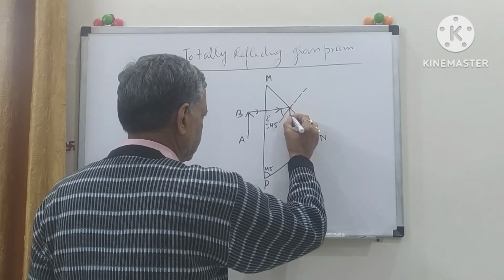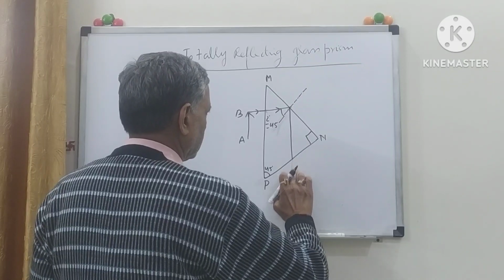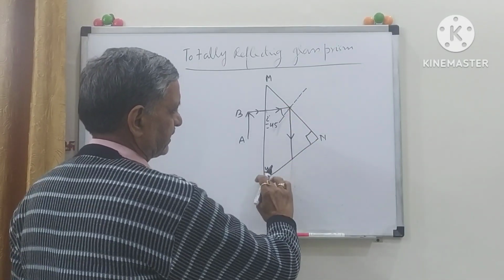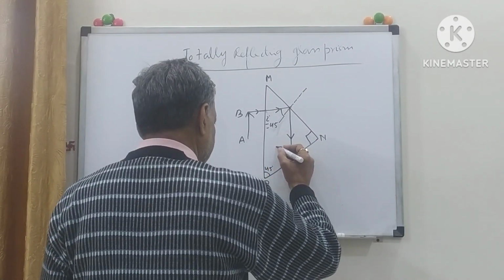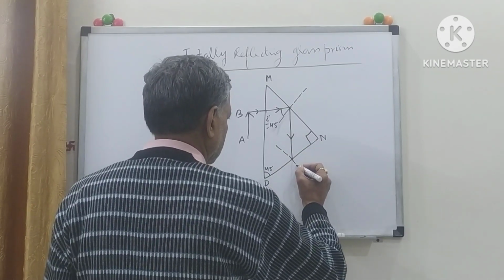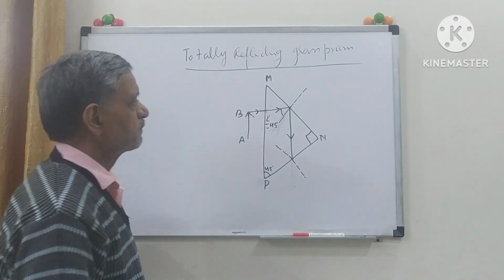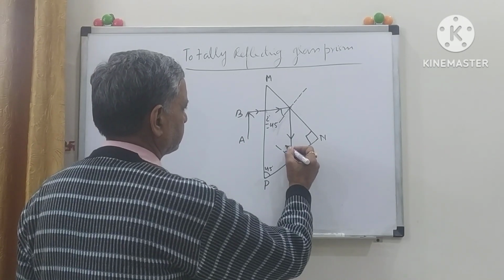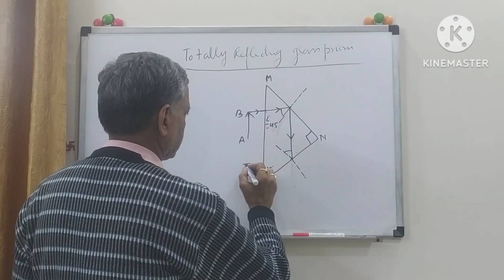Total internal reflection will take place. Now this ray is again not normal at this surface, MN. So again we will draw normal here. Alright. So now see again this is 45, then this is 45. So total internal reflection will take place, so it is reflected like this.